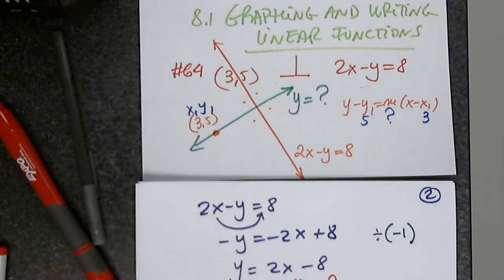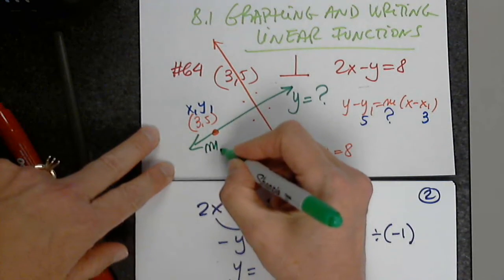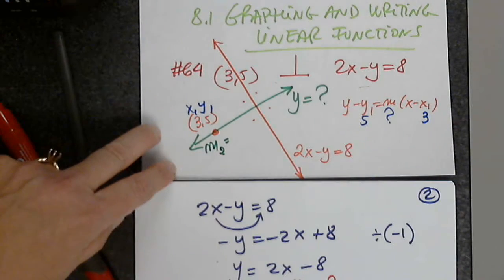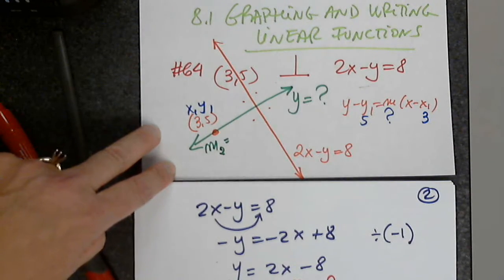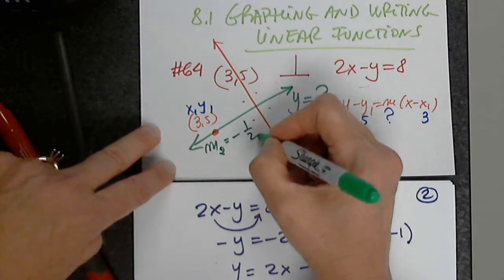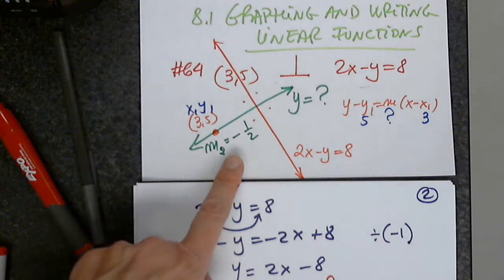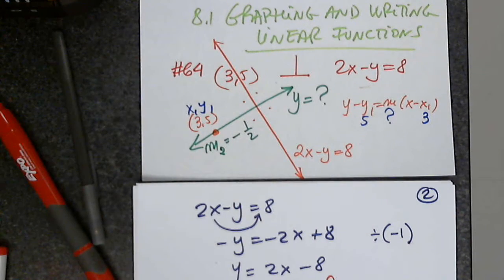Now, how do we determine the slope of the green line then? I'm going to call it M2. Okay? -2. Okay, how much is it? -1/2. Very good. Because the product has to be -1. So 2 times -1/2 is indeed -1. Are you with me? Okay, perfect.